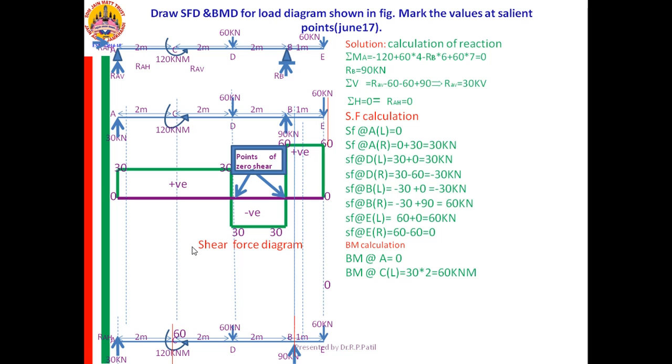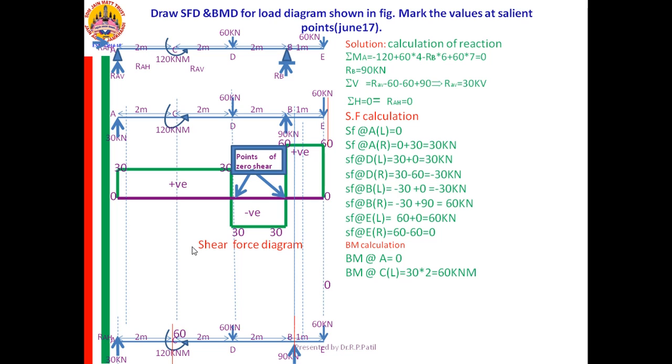That won't come into calculation if I am taking the right part. Why am I taking the right part? I am getting confused with the couple. I want to avoid the couple. Therefore, see how the calculation comes.